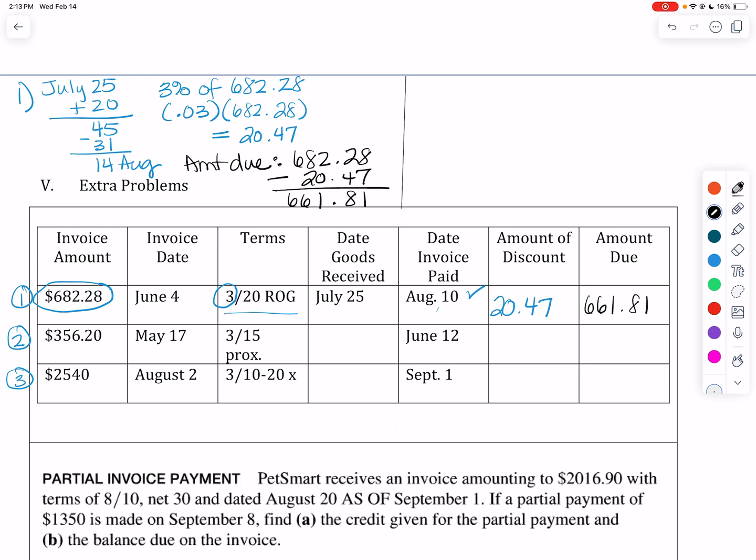All right, I'm going to draw a line here and come up here with number 2. Number 2 is 15 days at the end of May, which would make that June 15th. Well, they paid on the 12th, so we know they're going to get a discount. So we're going to get 3% of $356.20, which is 0.03 times that, and that comes out to be $10.69.